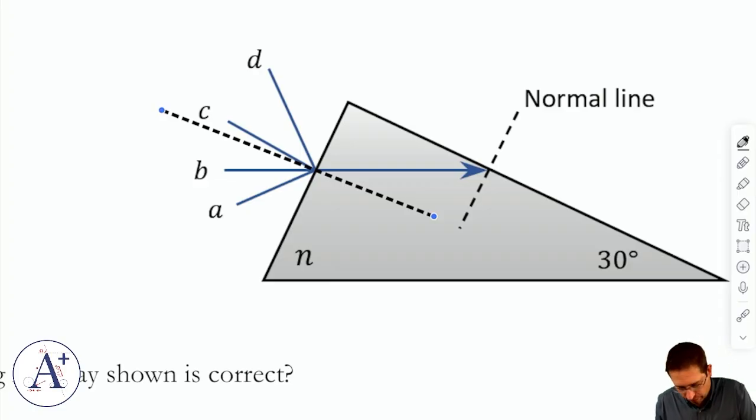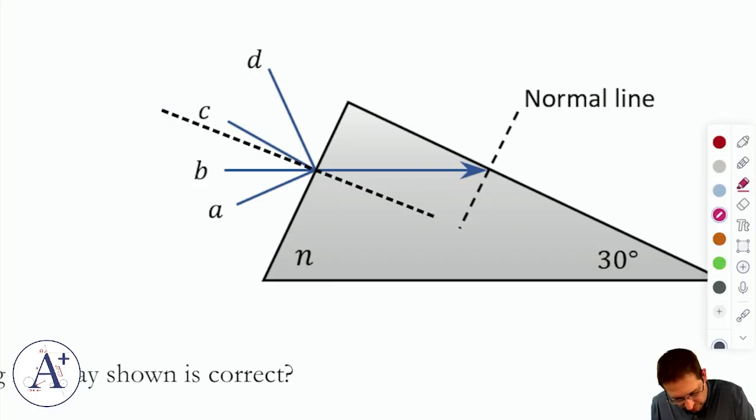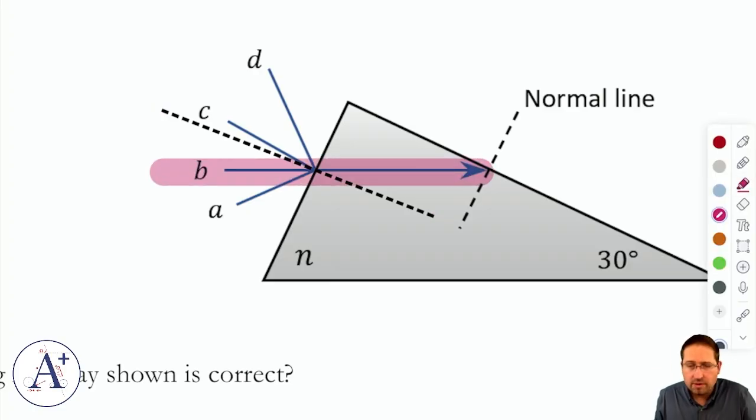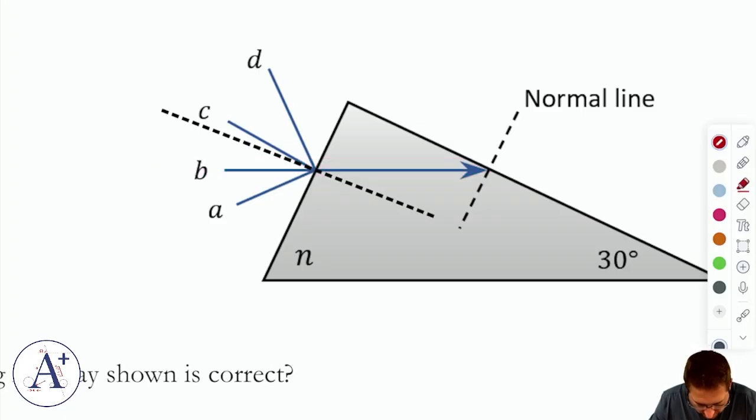So we can rule out, right off the bat, B. B does not bend toward the normal. It was horizontal coming in, it remains horizontal, not possible, right? Light ray B is going to bend toward the normal. It's going to give you a ray that's going to look like this. But it's not going to remain horizontal. So it's not B.